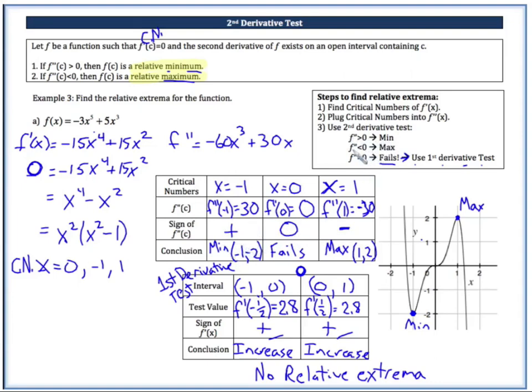If it was negative, then it's a maximum. And if it's 0, it failed, and we had to revert back to our first derivative test. So we came up with our intervals around that critical number that failed the second derivative test, and in the first derivative test, we got positive on both sides, so it was increasing, meaning no relative extrema. All right, so that is how you can find relative extrema using the second derivative test.